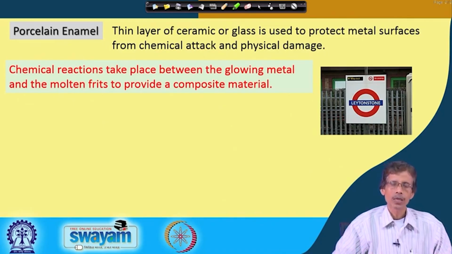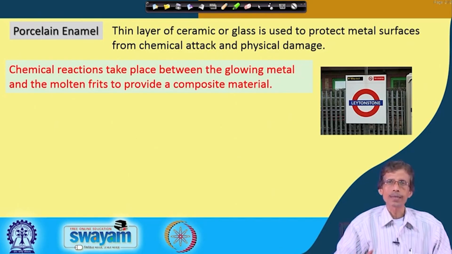Here also, the simple iron sheet where rust can take place, which can be degraded, can be protected through enameling. So, we get a nice variety of composite material. Historically it is also very important.